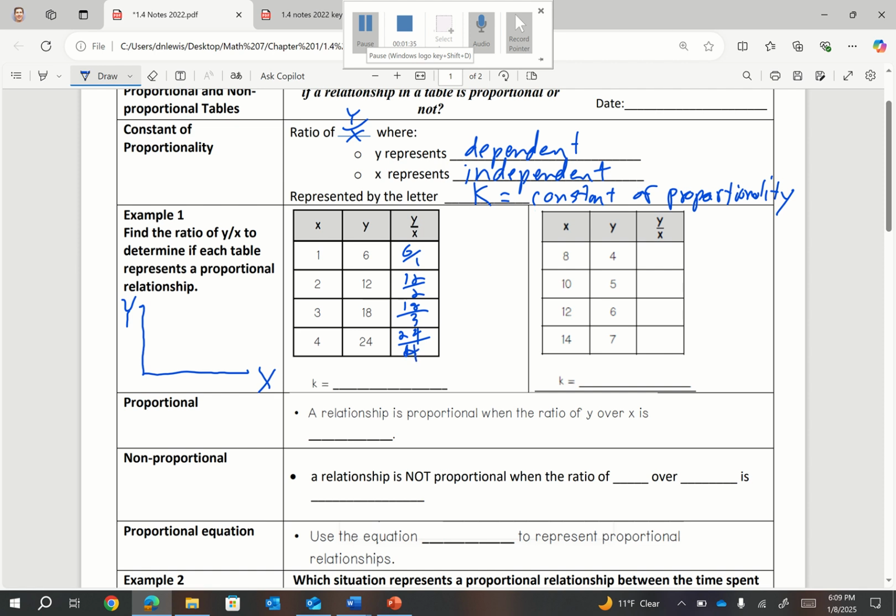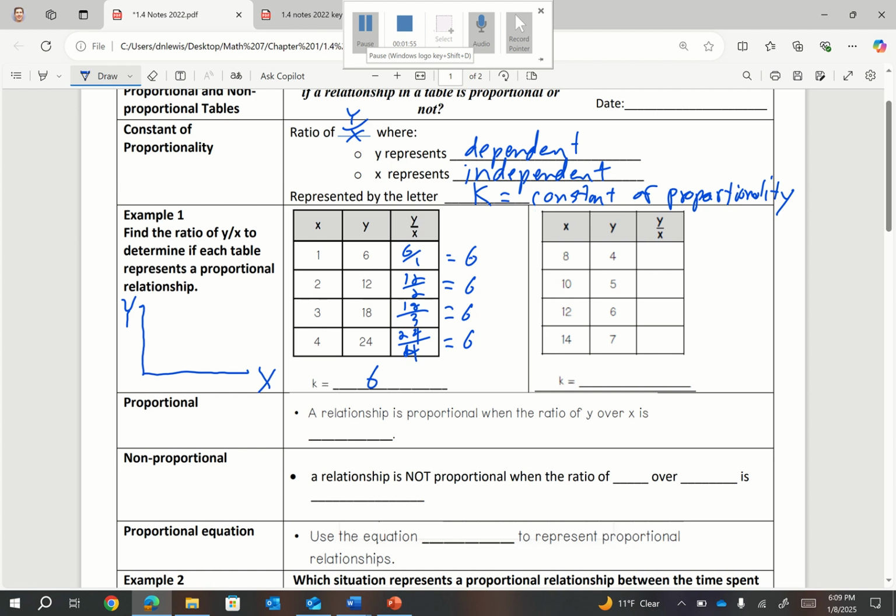And if that keeps equaling the same thing, that means we have a constant of proportionality. So we can see that this is going to keep equaling 6, which means our constant of proportionality is 6. And it also means that this is a proportional relationship.